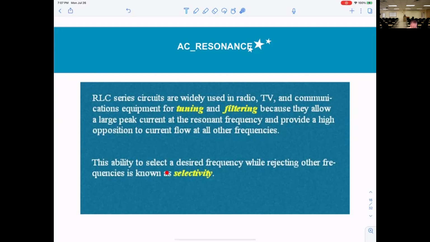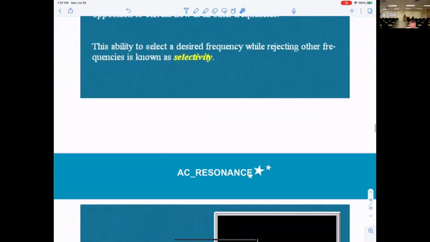This ability to select the desired frequency while rejecting other frequencies is called selectivity. Okay, try to get along with that when you're learning RF, radio communication. We will talk more about that.